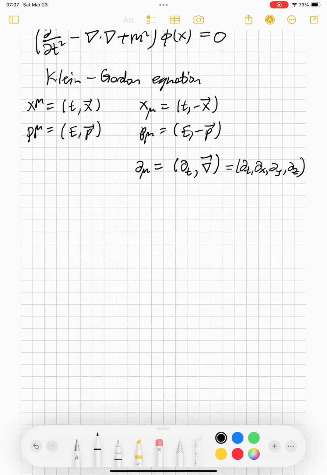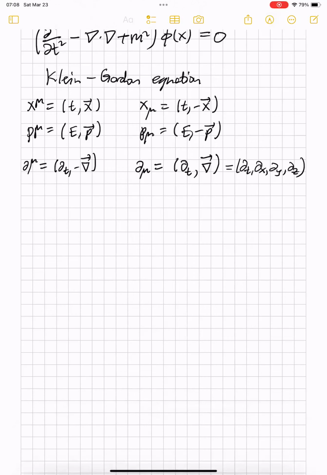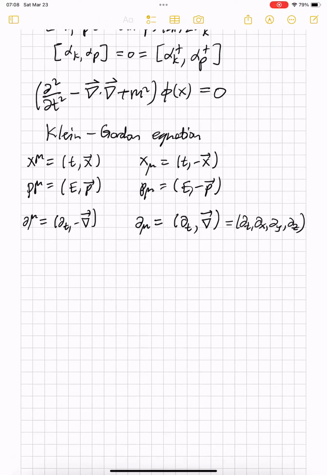So notice d mu lower, the spatial components are positive, and d mu upper, the spatial components are negative. This is the only vector where you have to worry about this; it's a little bit different.